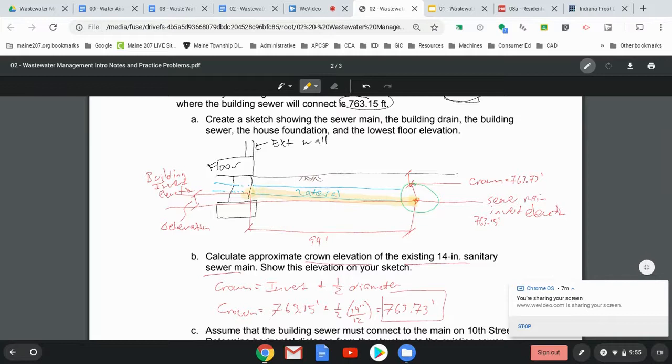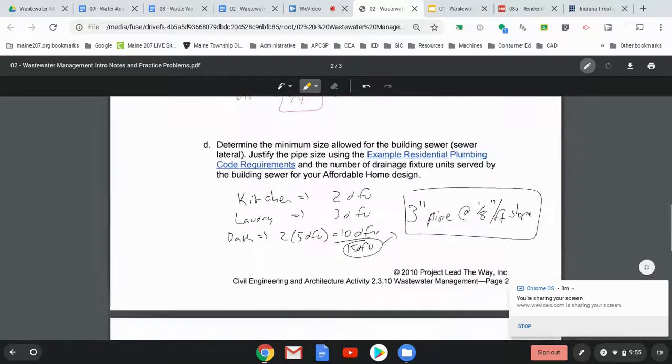I know I have 94 feet at 1/8 of an inch per foot to figure out what the elevation needs to be. And also I need to make sure that it is at least a certain depth, that it's under the frost elevation. So I need to account for frost, and I need to account for the slope.